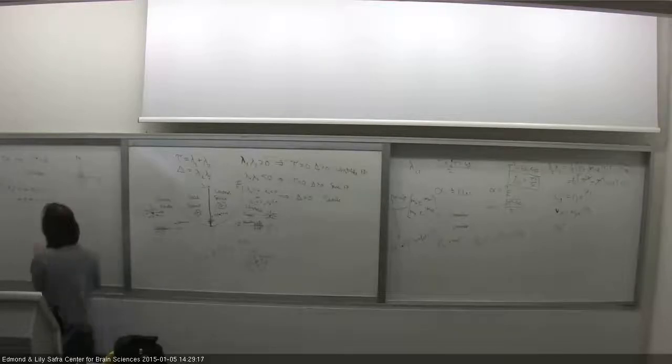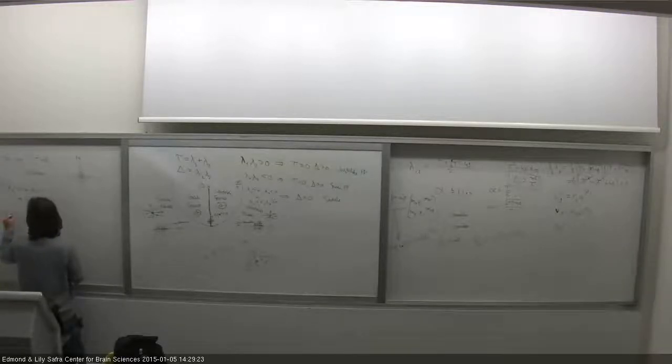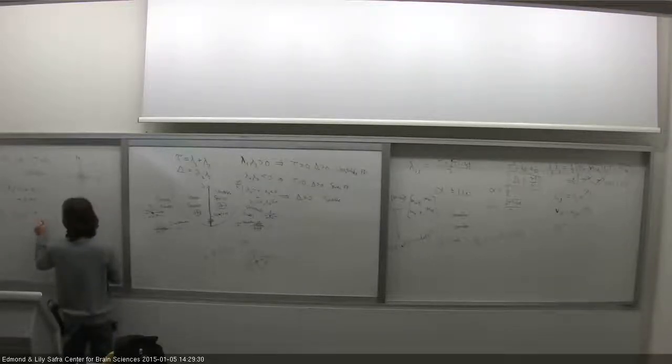Lambda 1 is 0. Okay, so the third case is when both lambda 1 and lambda 2 are 0. So we have delta equals 0, trace equals 0.